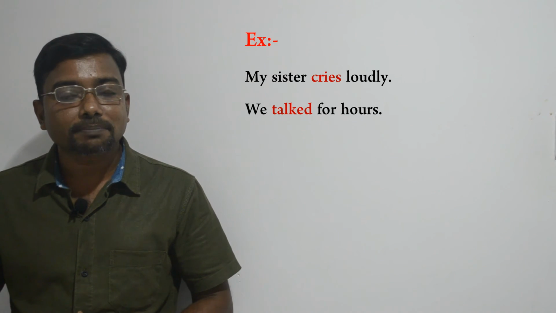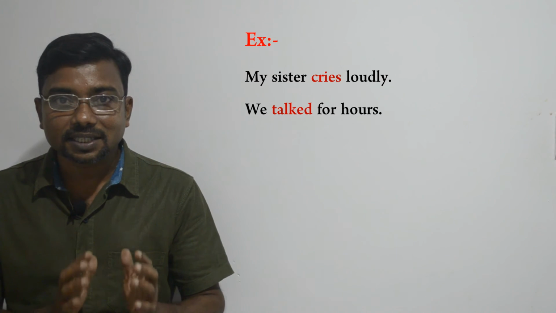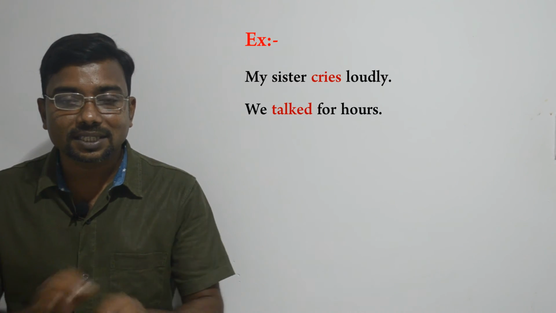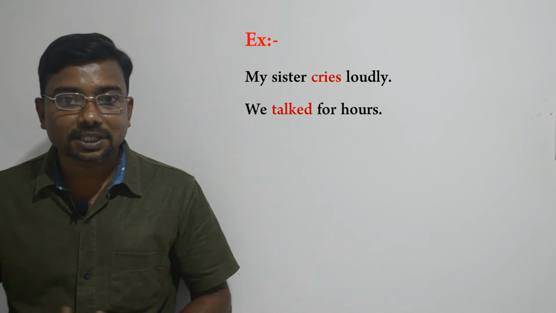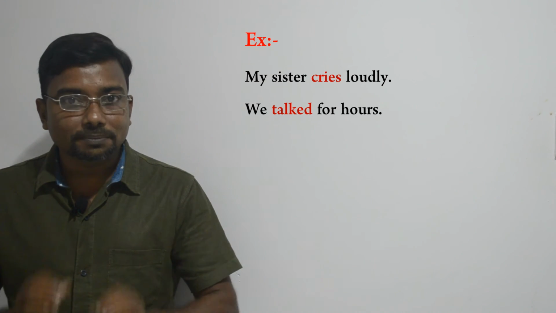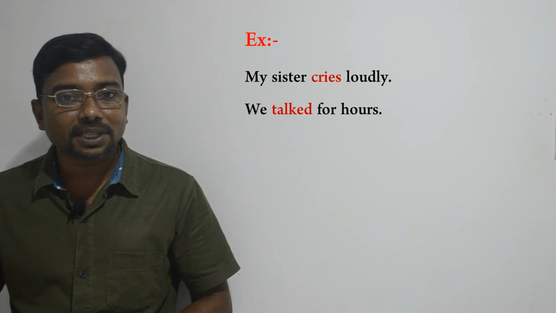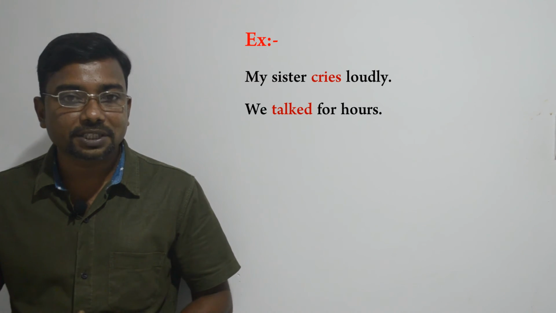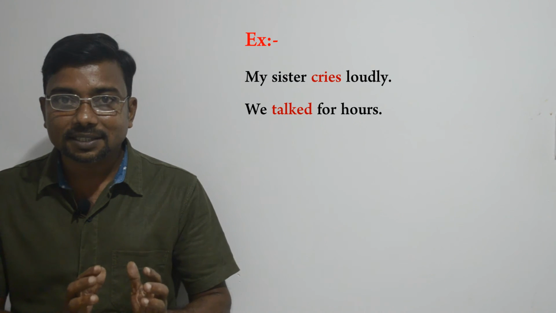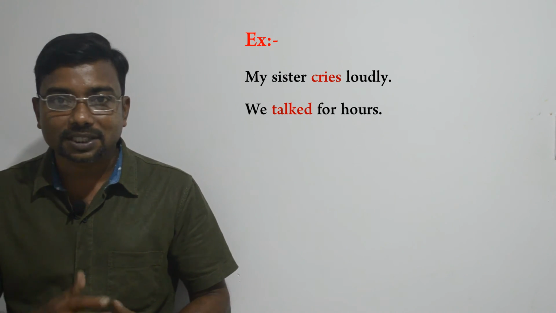Look at the first example. My sister cries loudly. Here cries acts as an intransitive verb because it doesn't require an object to receive that action. Here loudly acts as an adverb because we use it to modify the main verb cries. Look at the second example. We talked for hours. Okay, here talked acts as an intransitive verb because it also doesn't require an object to receive that action.